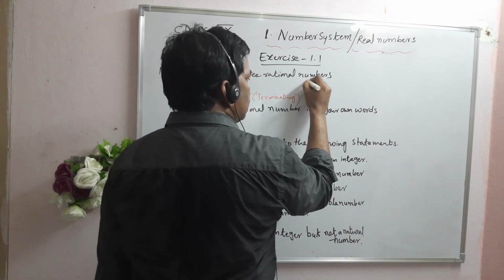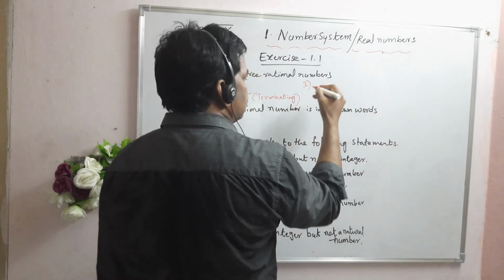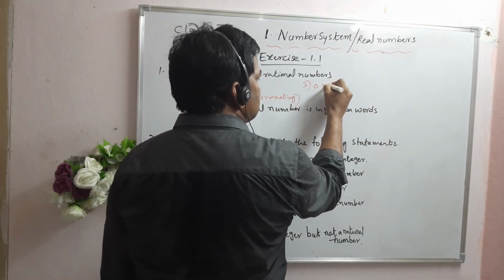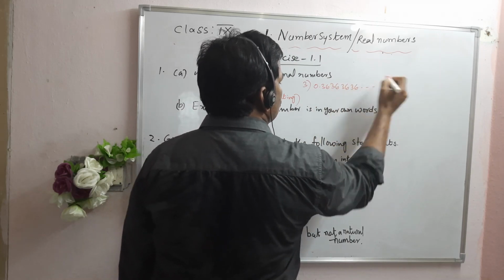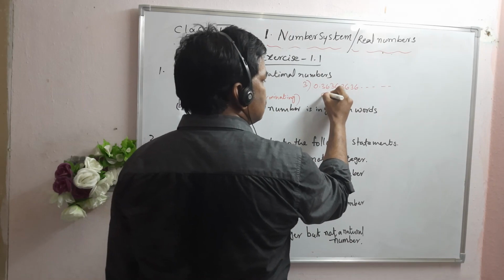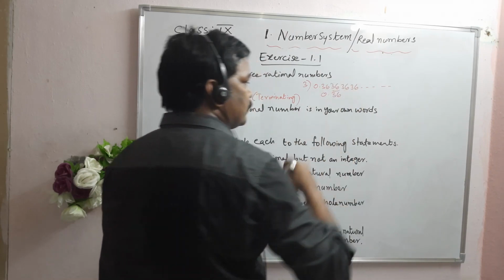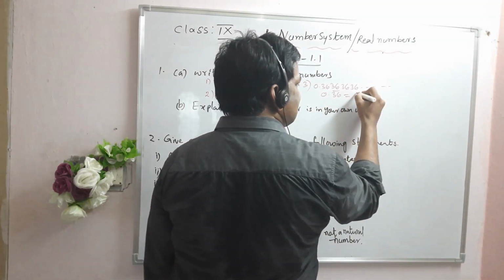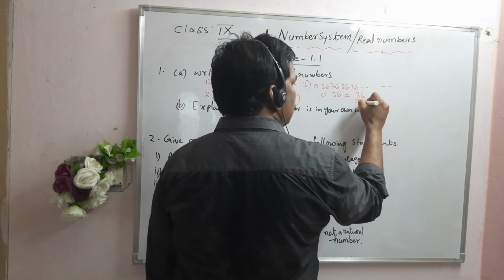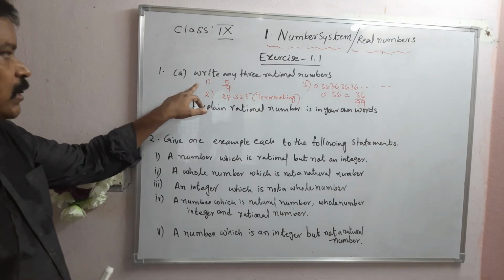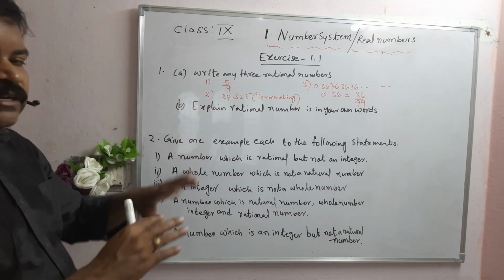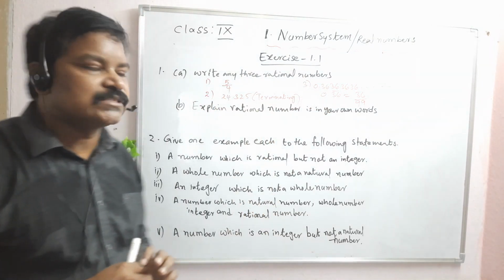In the form of a non-terminating repeating decimal, I will write 0.363636 and so on. This can be written as 0.36 bar. Actually, this is equal to 36 by 99 in fractional form, right?